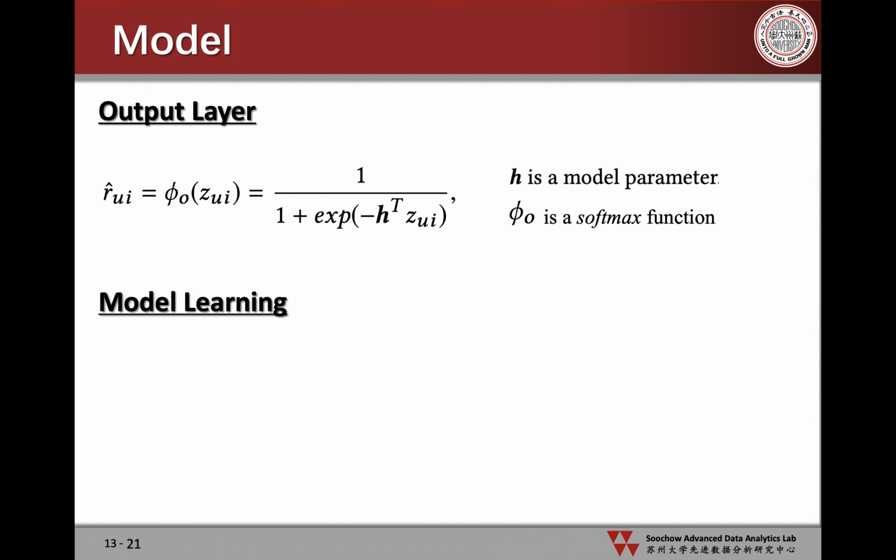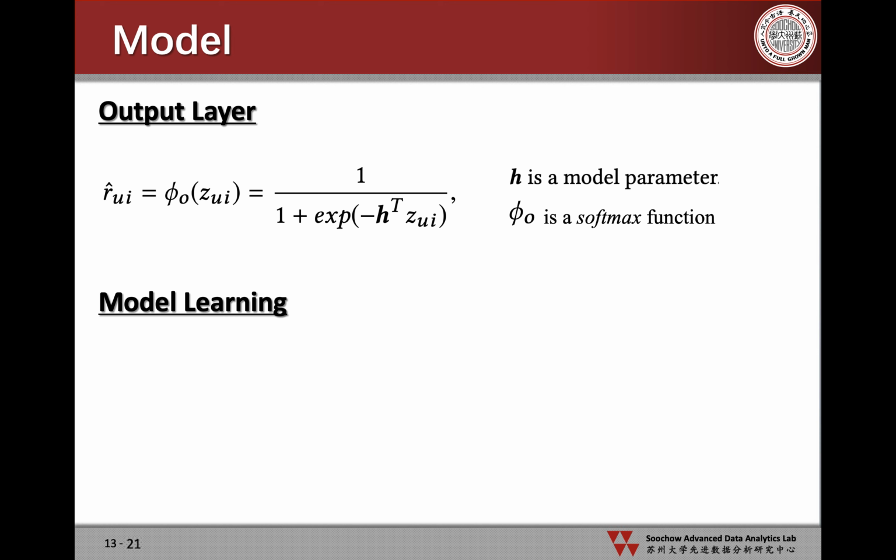Since we focus on one-class collaborative filtering, the output is the probability that the input pair is a positive interaction. So we use a softmax layer as the output layer.